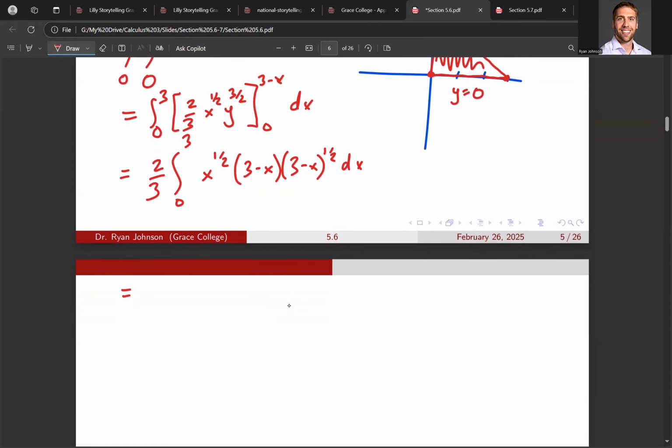Let's combine some guys. Yes. So then I can move that square root inside and get a 3x minus x squared to the 1/2.